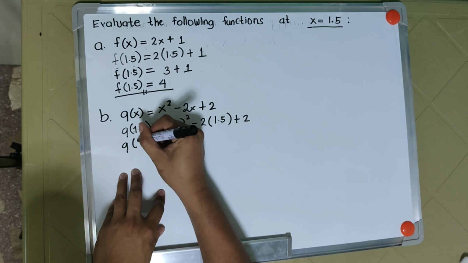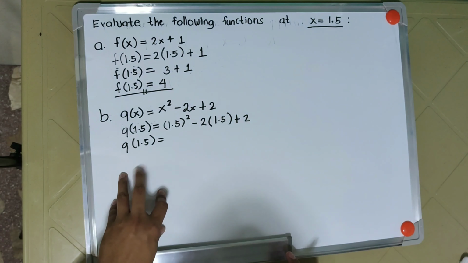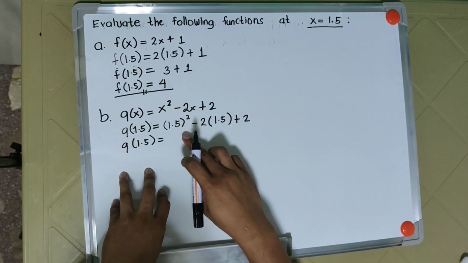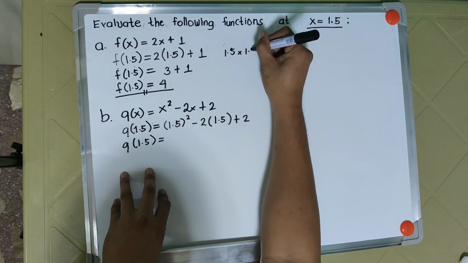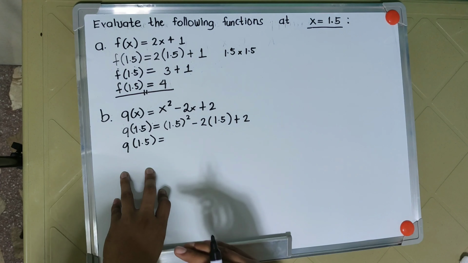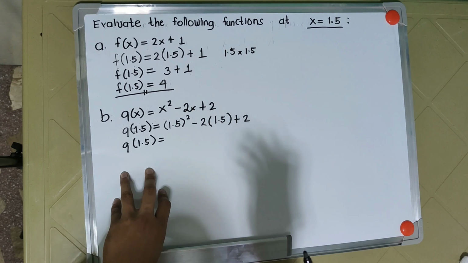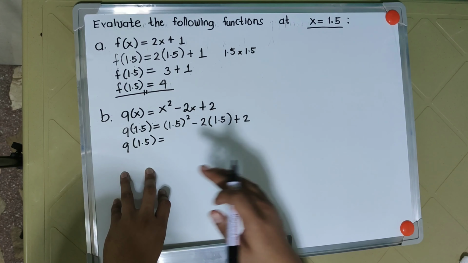So Q of 1.5 is equal to 1.5 square. Ibig sabihin ng square, 1.5 times 1.5. Square nga, di ba? Hindi yan times 2 ha. When a number is raised to a number, we need to say that is how many times you need to multiply the number by itself.